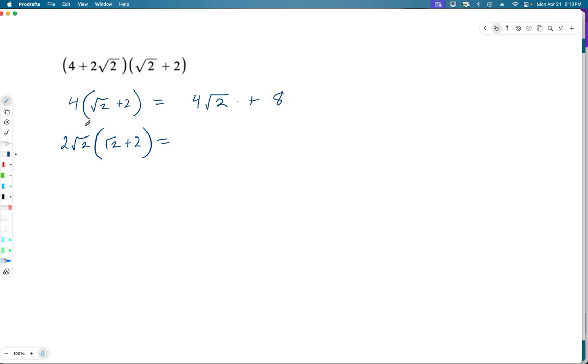And then 2 times the square root of 2 times the square root of 2 is going to be 2 times 2. So that's going to be positive 4. And then 2 times the square root of 2 times 2 is going to be 4 times the square root of 2. So our solution is going to be 12, positive 12, and 8 times the square root of 2.